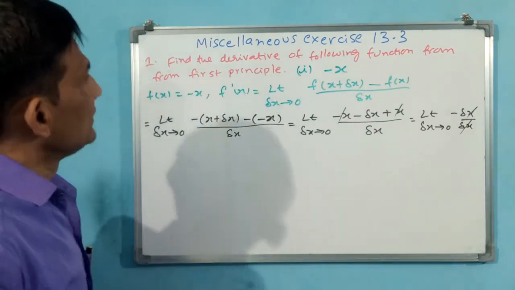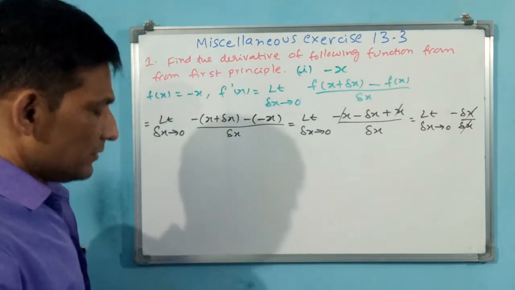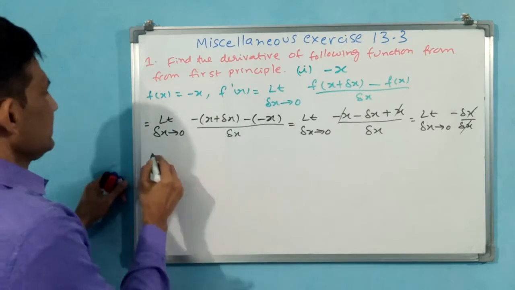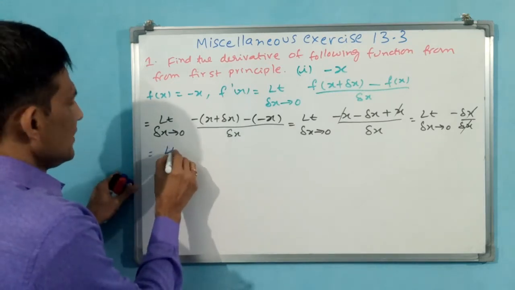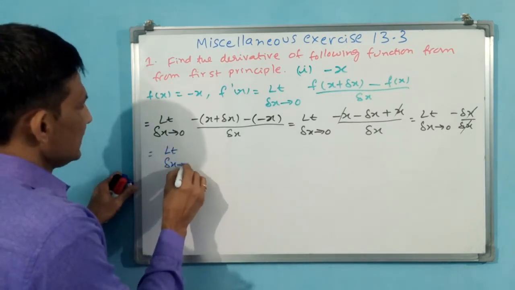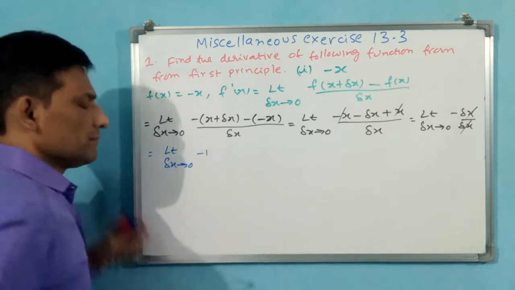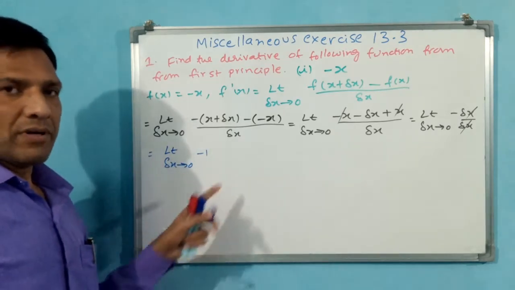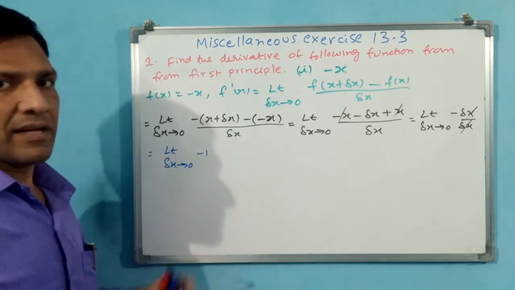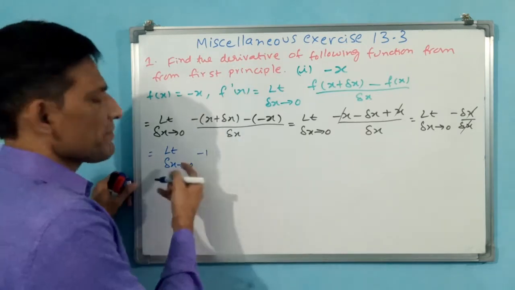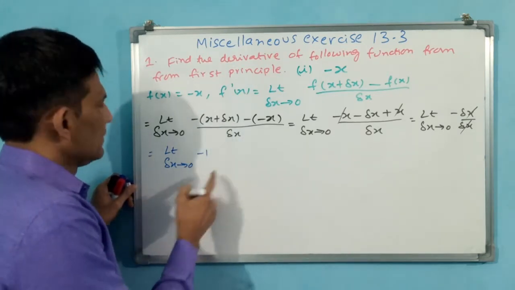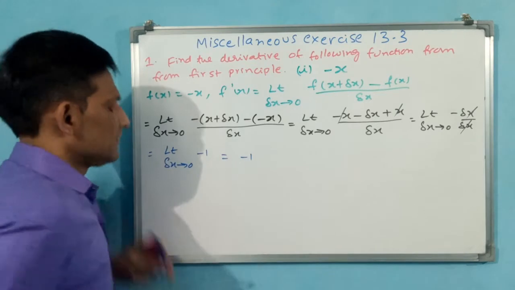You see what will happen now? That is equal to limit delta x tends to 0 of minus 1. We know the limit of a scalar is the scalar. That is equal to minus 1.